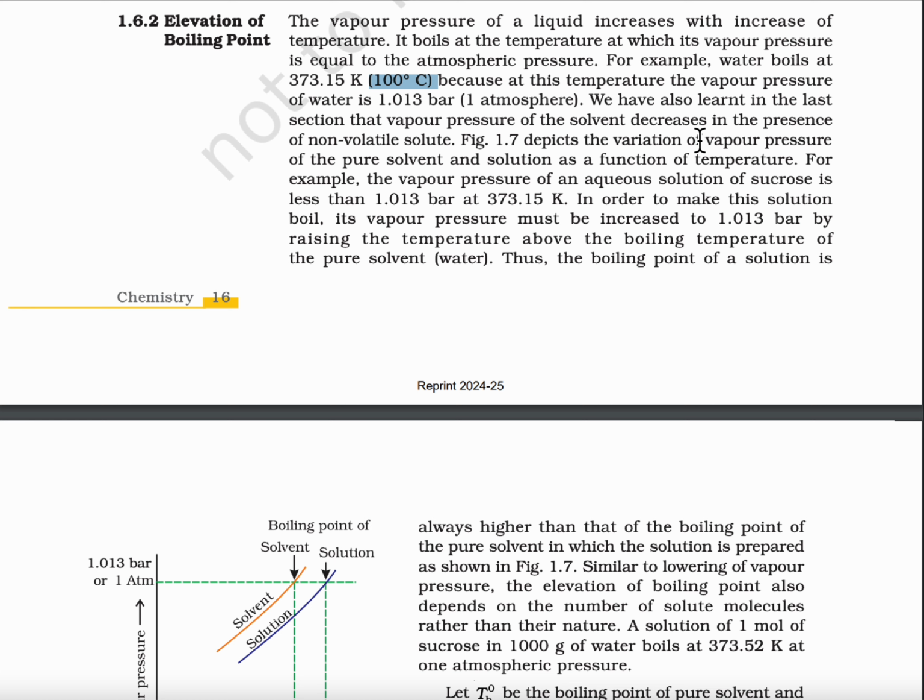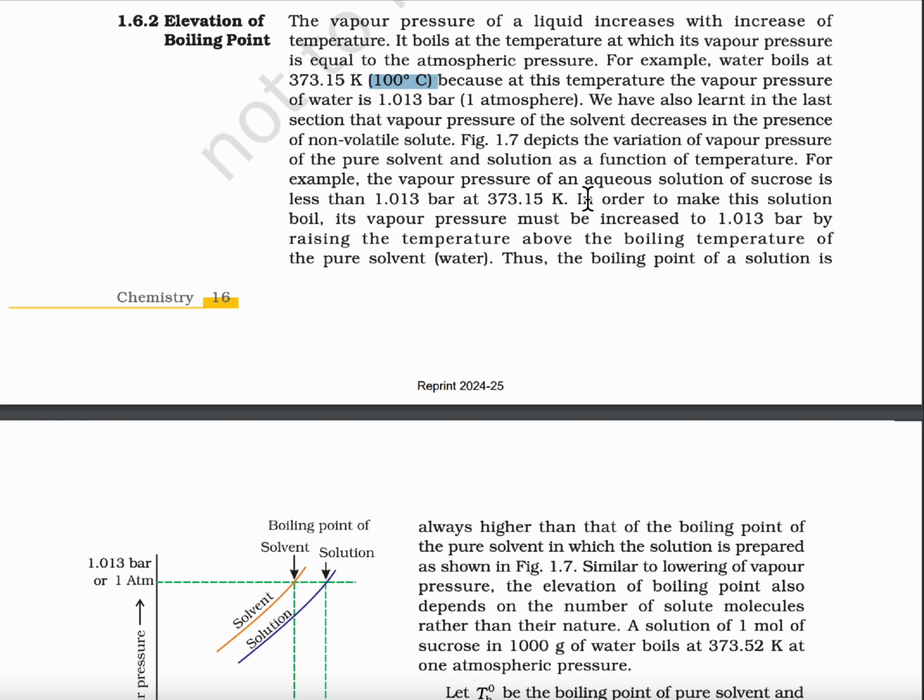That is what we saw in relative lowering of vapor pressure also, and a few sections back we saw the same thing. Now the variation has been depicted in this picture as a function of temperature. For example, the vapor pressure of an aqueous solution of sucrose is less than 1.013 bar at 373.15 Kelvin, because now the vapor pressure has reduced.